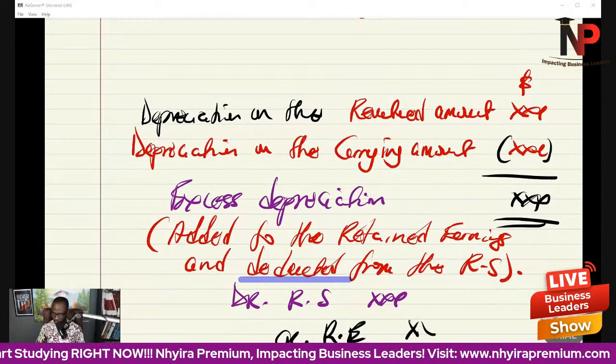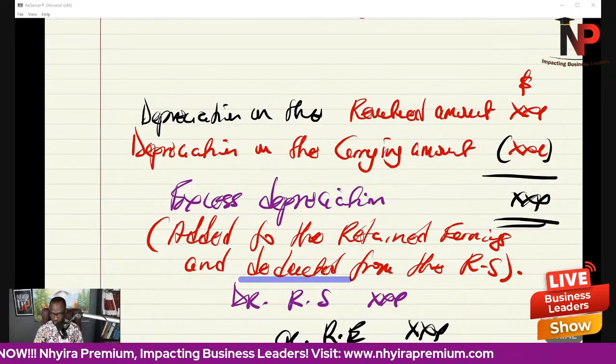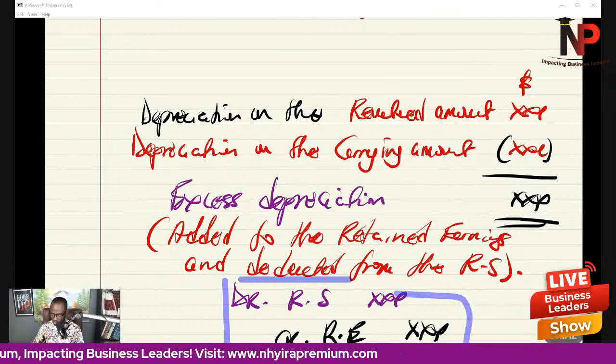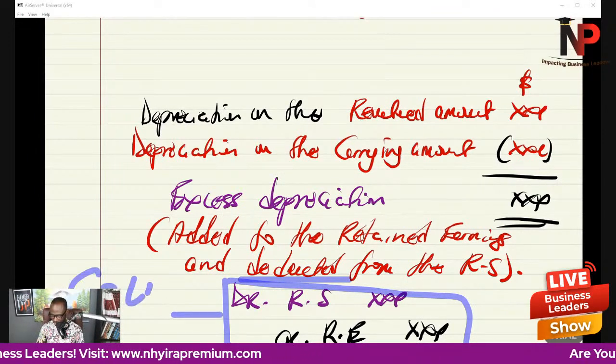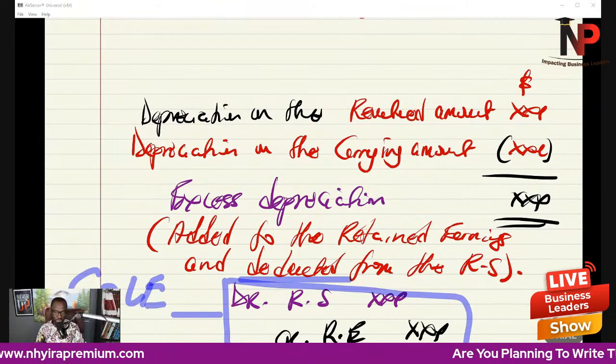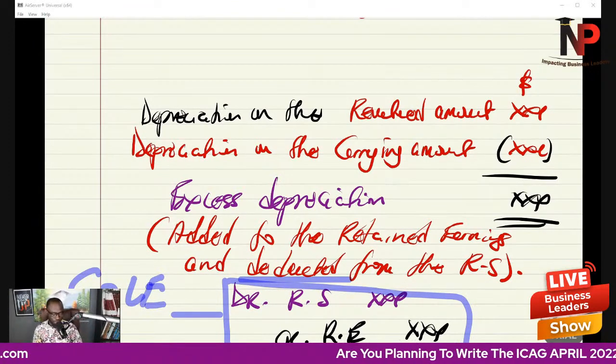All these workings occur in the statement of changes in equity.